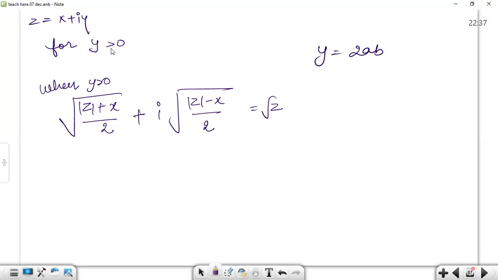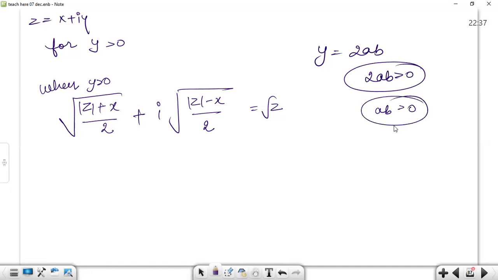And if y is positive, more than 0, then 2ab will also be more than 0. If we divide by 2 on both sides, ab is also going to be greater than 0. What it means is that ab is positive.